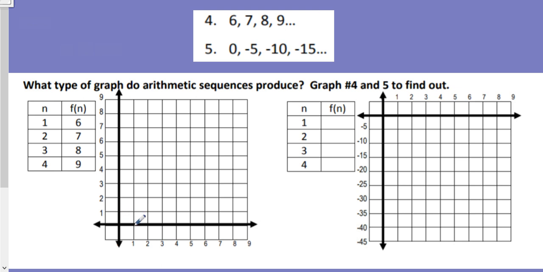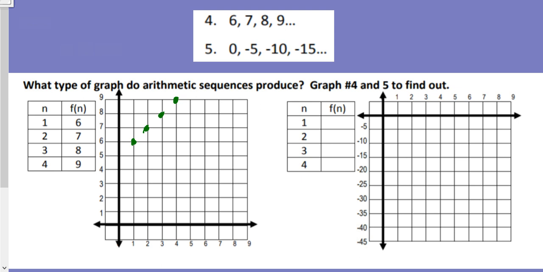My first term here, I know is 6. My second term is 7. My third, 8. And my fourth, 9. Now this is proof to you that this is just another way really to write our y equals mx plus b.